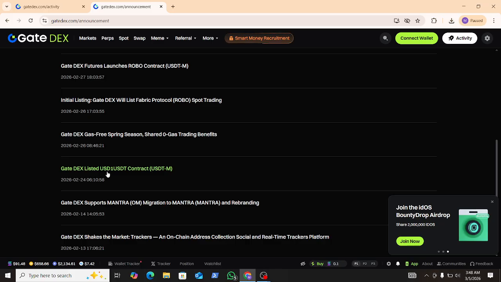KTX listed USD 1 USDT contract USDT billion.